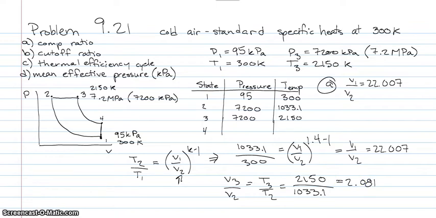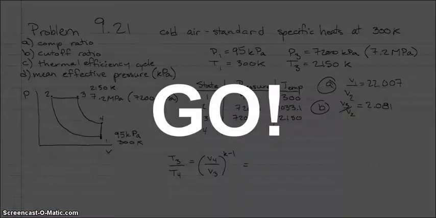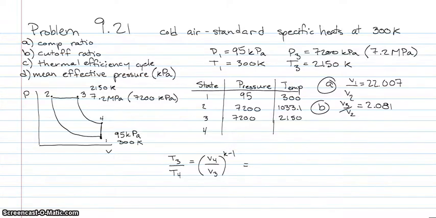I'm going to clean this up here a little bit, and we'll move on to part C, which is asking for the thermal efficiency of the cycle. In solving for the thermal efficiency, we can use a couple different steps here because we are going to need the temperatures, or the temperature ratios at least.